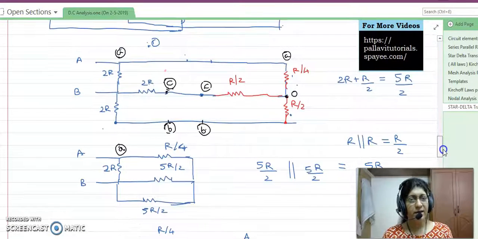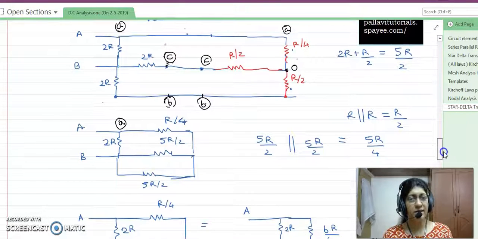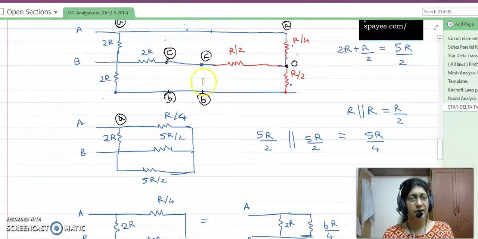Further, I can see that many resistances are in series and in parallel. These two resistances are in series, 2R plus R by 2, which I found to be 5R by 2. This 2R again is in series with this R by 2, giving 5R by 2. These two resistances, 5R by 2 and 5R by 2, are in parallel.